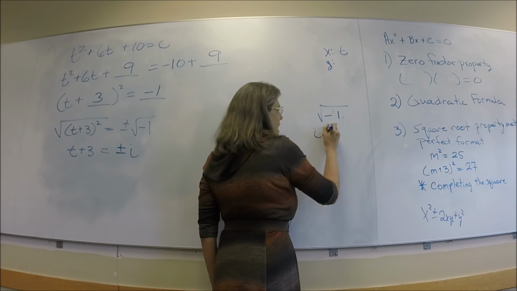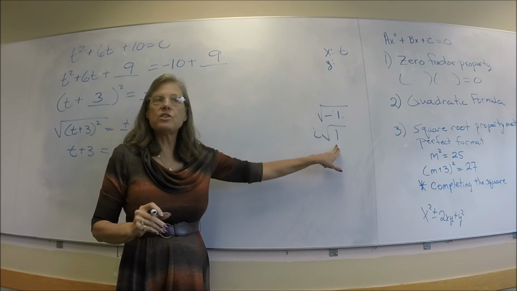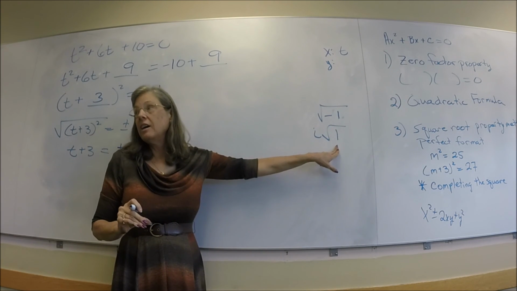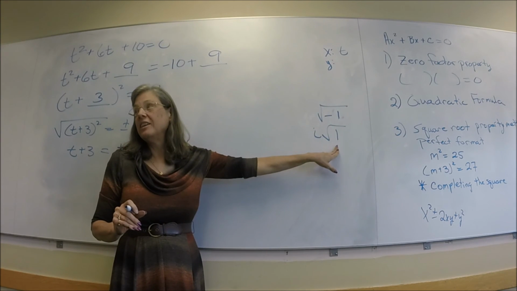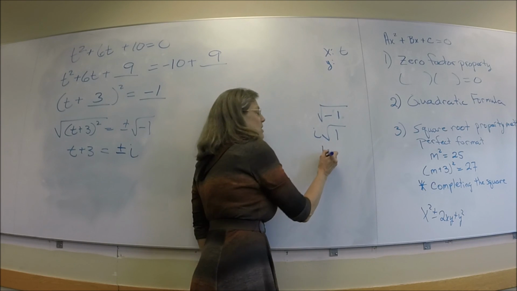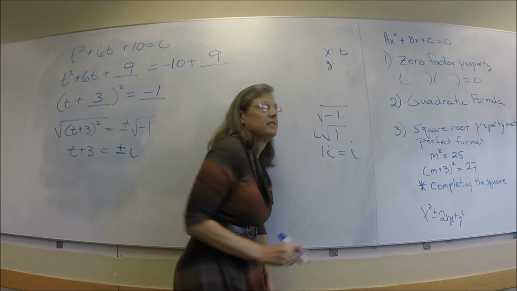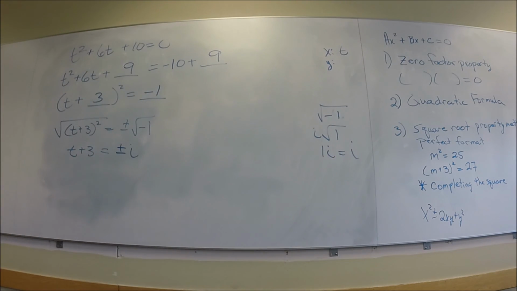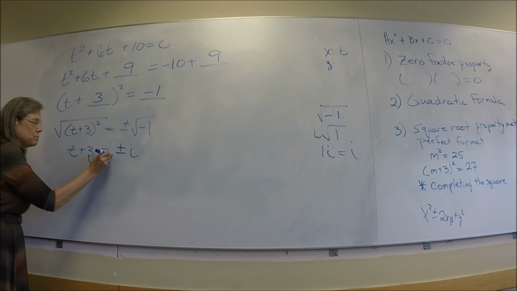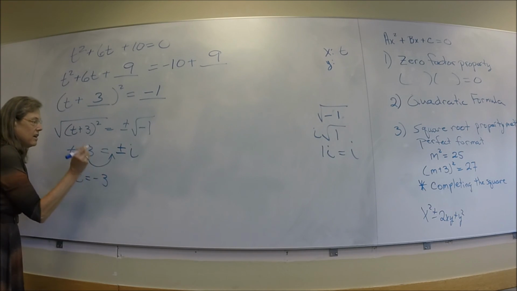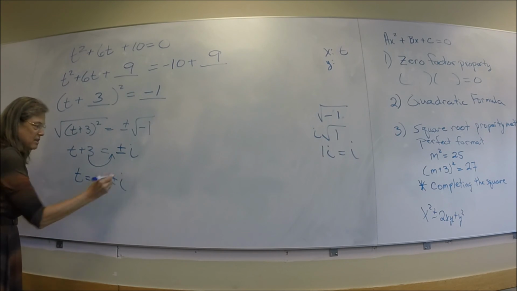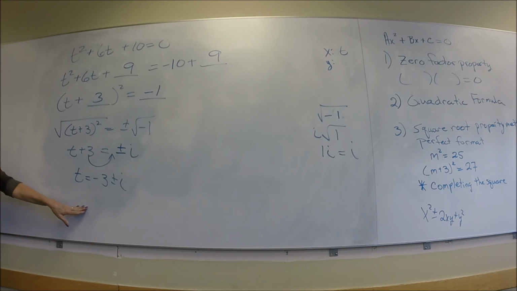I take out the I, and now, what's the square root of 1? What's the square root of 1? 1. And what's 1 times I? Just I. Okay? Now there's nothing more I can do over here, so again I just push this up between the equals and the plus or minus, and I get this. Write it like this, not like the book does. Okay? Does this make sense?